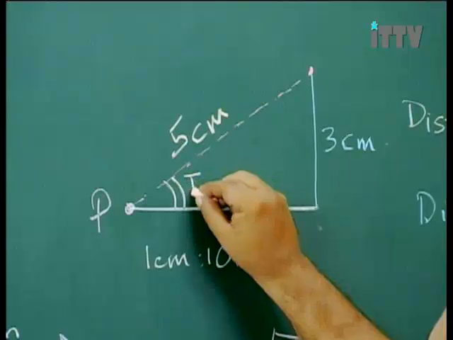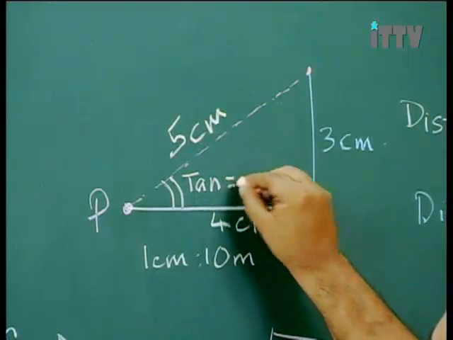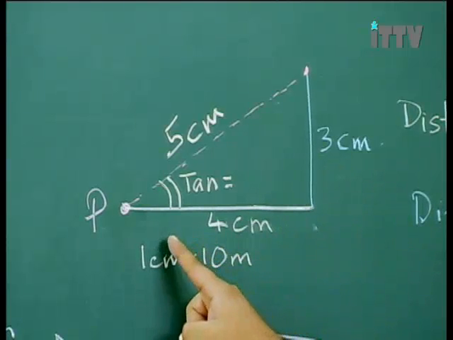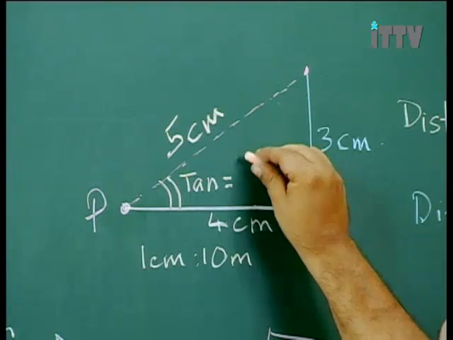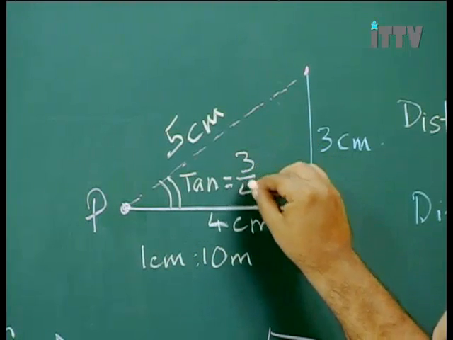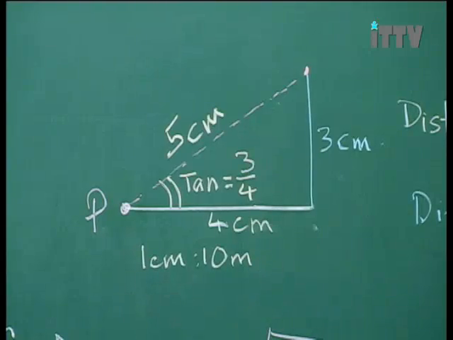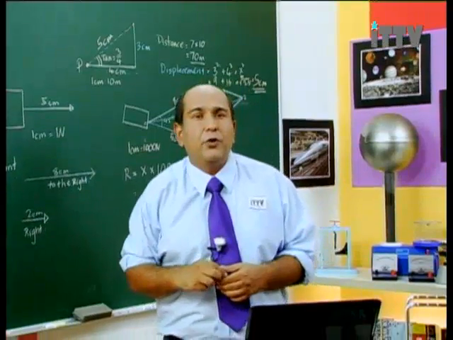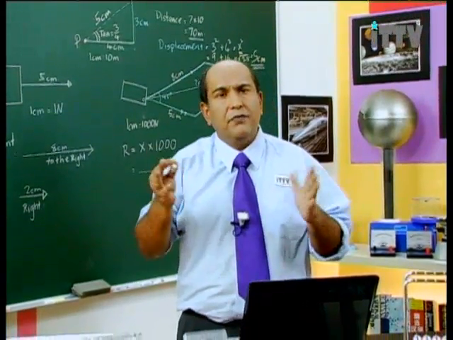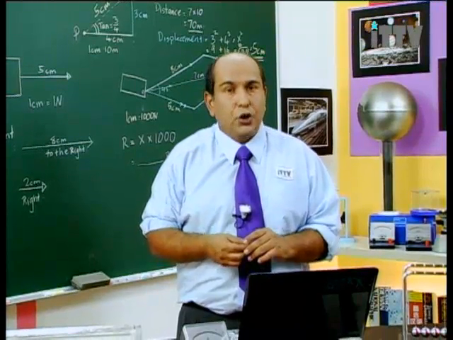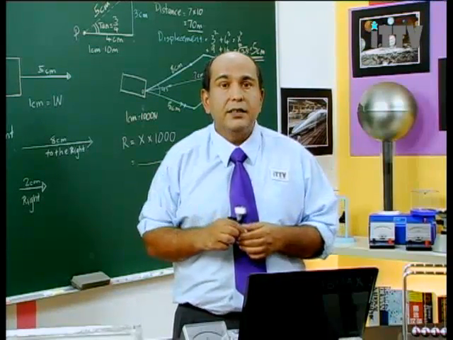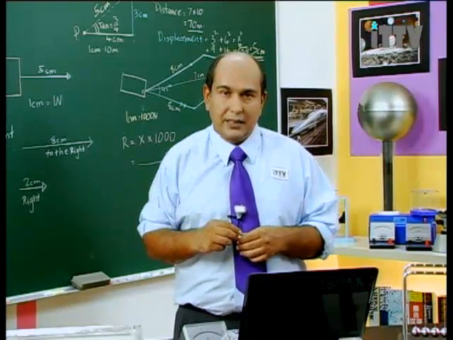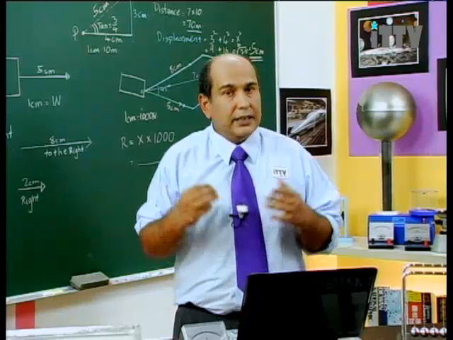Tan equals opposite over adjacent. In this case, 3/4. And you should be able to calculate this and get a value of approximately 37 degrees. So, distance: 70 meters.